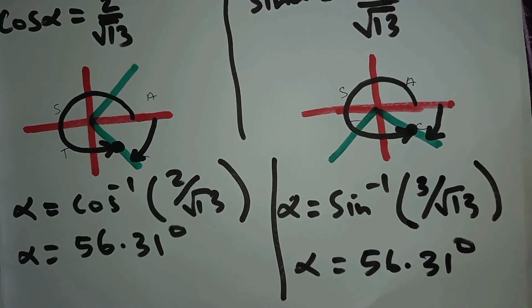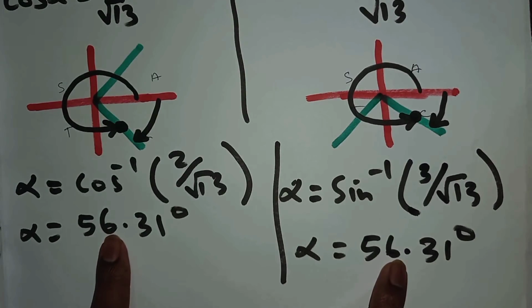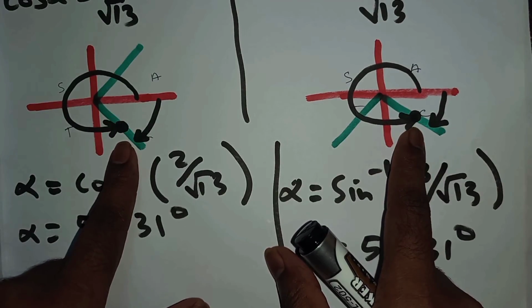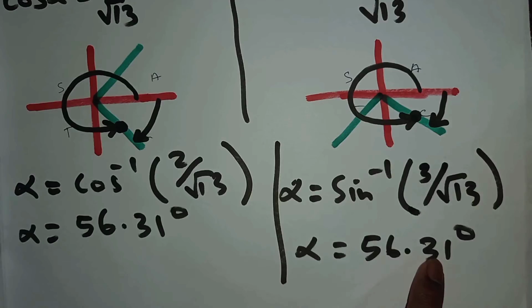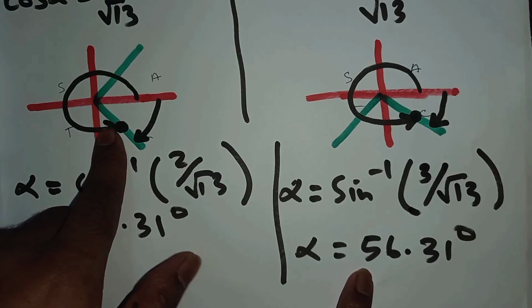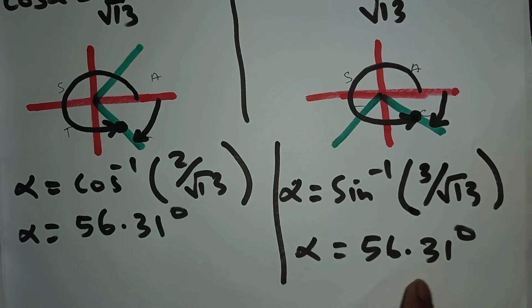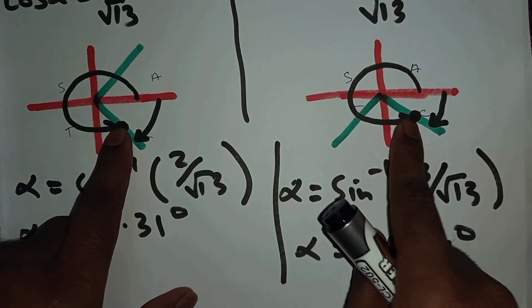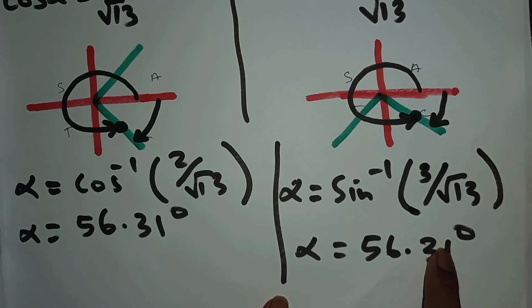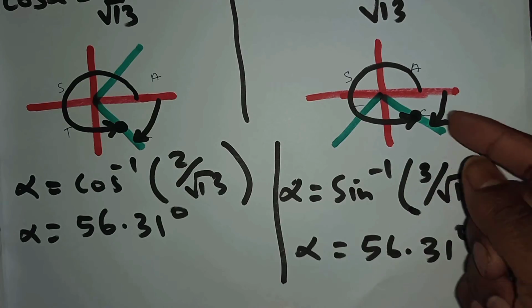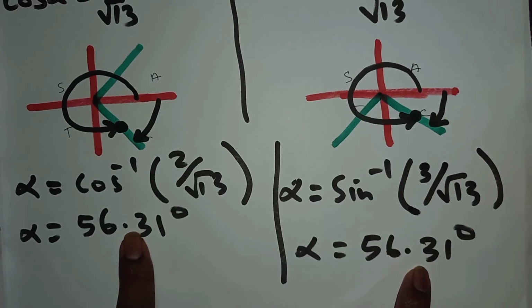Now you have to choose whether to take this as a positive angle or a negative angle, and that will be decided from here. Now 56.31 degrees, can you come from this direction? No, we cannot. The only way we can arrive at this point at a 56.31 degrees angle is from the positive x-axis, going negative, so this angle is negative.